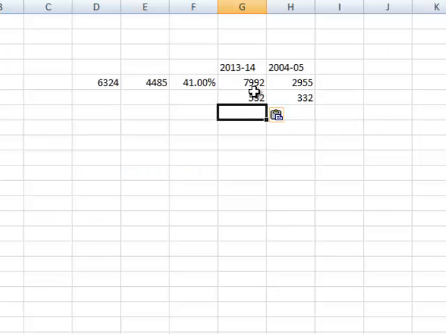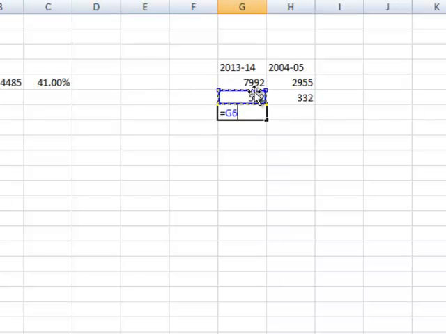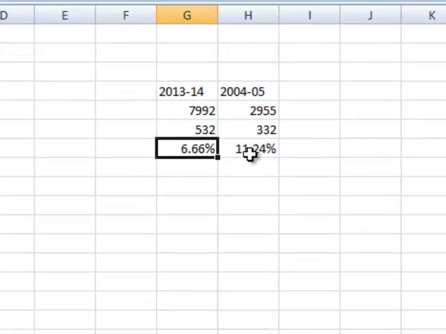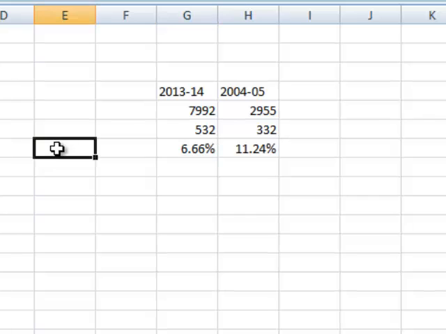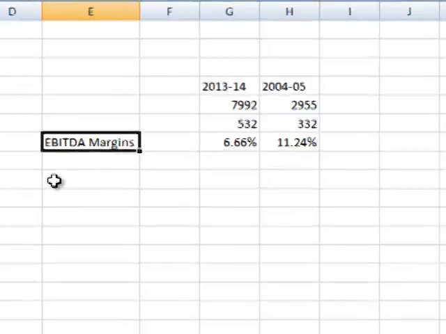So you can simply calculate their profit margin. Profit margin would be profits divided by the revenue number, and that happens to be, or that used to be 11.24, and now it is 6.66. So there is a significant decrease in EBITDA margins. Okay. Are we okay? Let's go ahead.